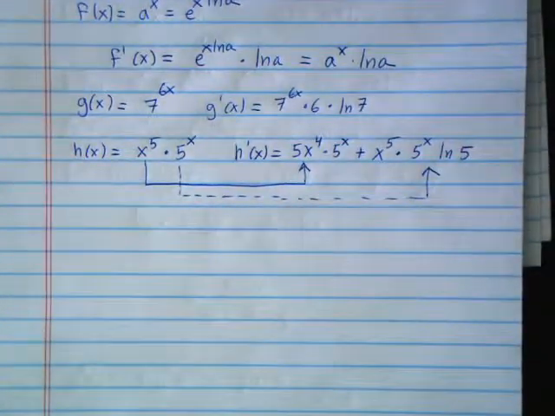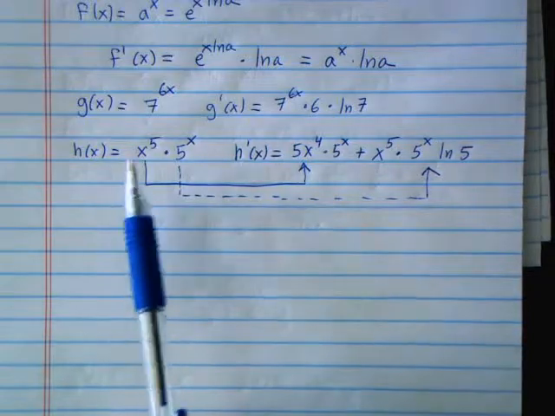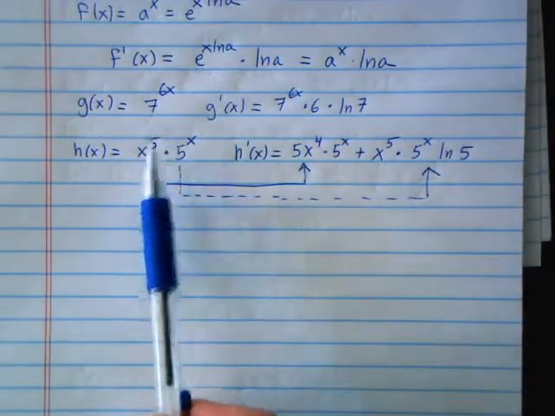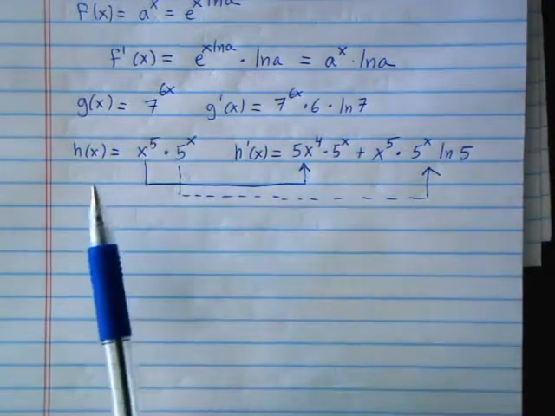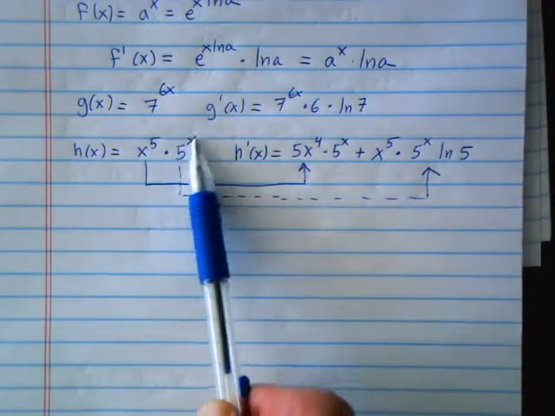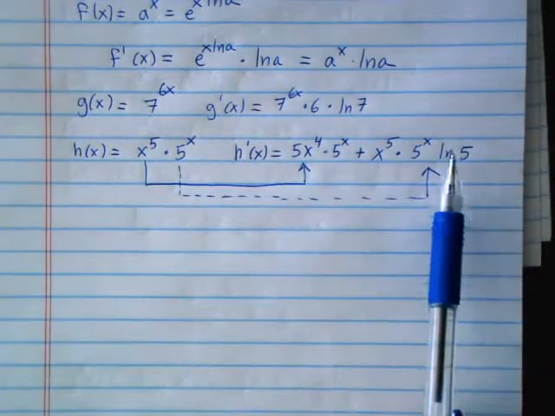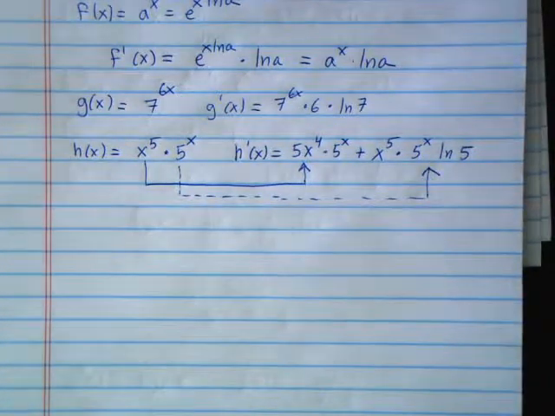Why? What's the difference between those two functions? On this one, x is in the base, which means this is a polynomial, so this is what we learned in Calc 1. In this one, the exponent is the variable, which means it's an exponential function, and the derivative rules for exponential functions are different.